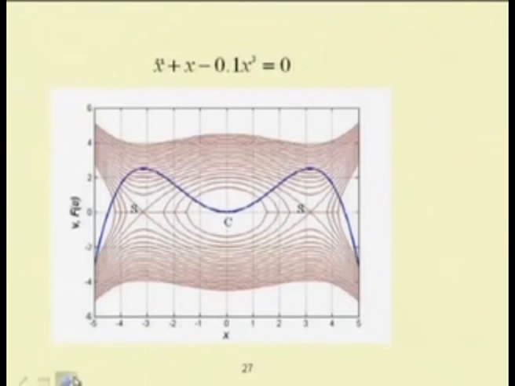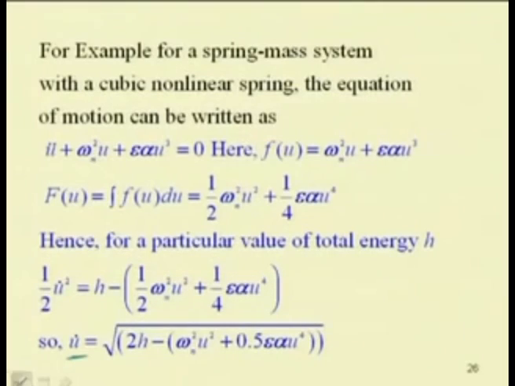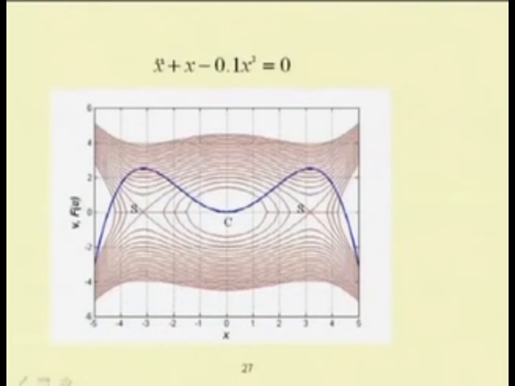If h is greater than this function, there will be oscillation or motion in the system, or it will have a velocity; otherwise it will have no velocity. In this case the system will be in equilibrium, or it will have an equilibrium position, when the potential energy is minimum.